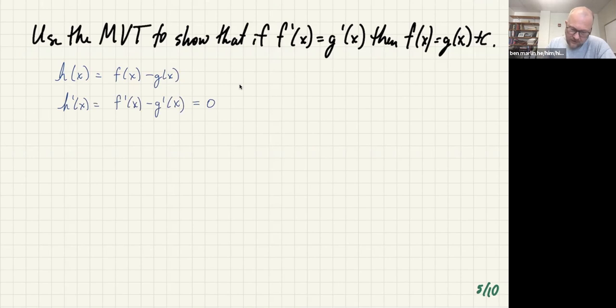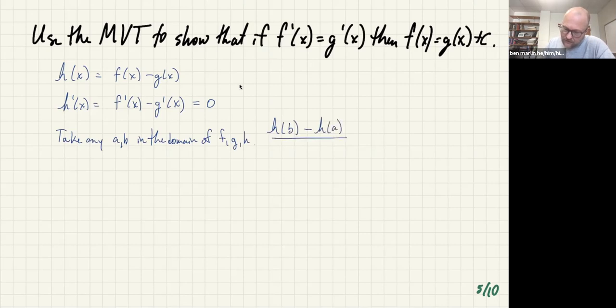But now if we take any a and b in the domain of f and g, which is then going to be in the domain of h, then we can go ahead and say that we can take h of b minus h of a divided by b minus a, right?